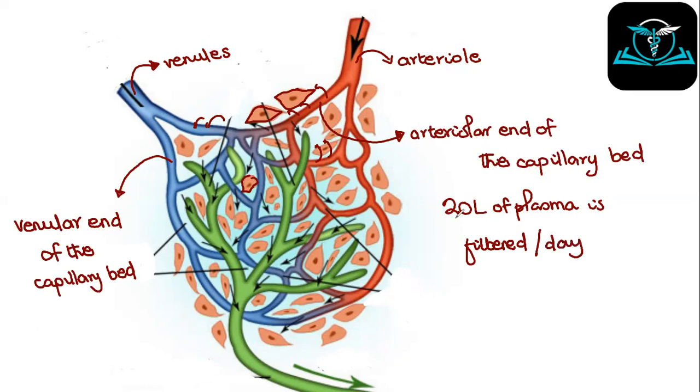And out of these 20 liters, only about 17 liters is reabsorbed into the venular system. And so every day there is an excess of 3 liters left behind. And if we don't get a system which would reabsorb that excess 3 liters back into circulation, with time, there will be tissue edema.